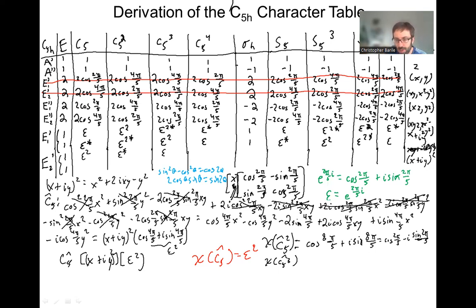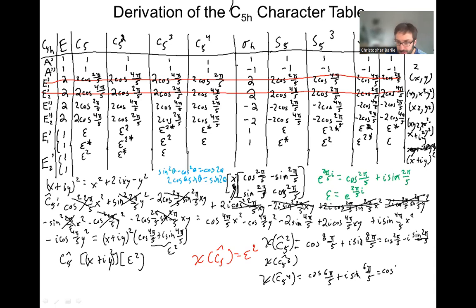Then we do a C5 4 times. We're going to get not 2 pi over 5 here, but 4 times that, 8 pi over 5. That's going to turn this, with these trig identities, into 16 pi over 5. We subtract off 10 pi over 5 because that's 2 pi, one full revolution on a unit circle. So now we're at cosine 6 pi over 5 plus i sine 6 pi over 5.